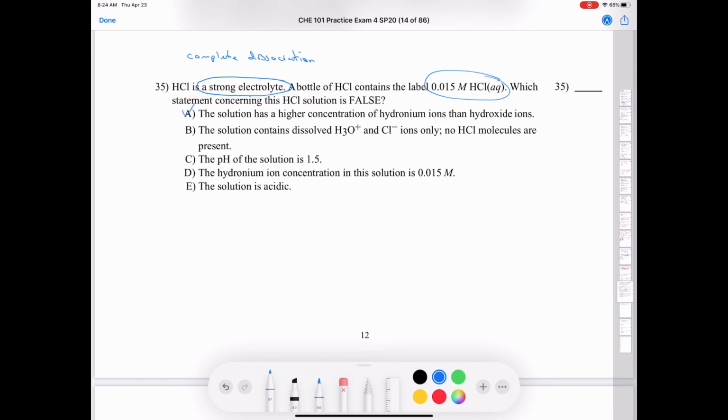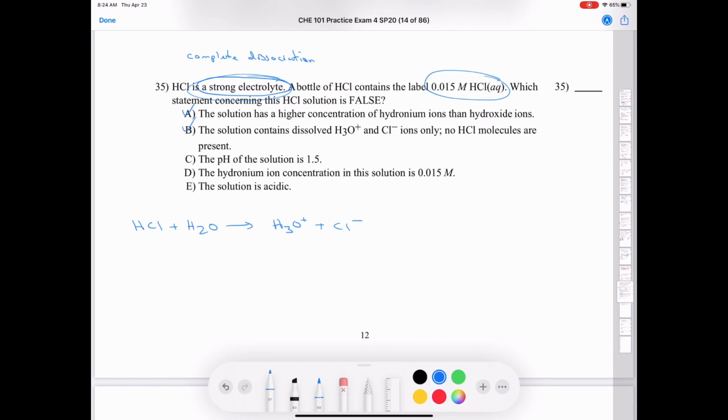The next one says the solution contains dissolved hydronium and chloride ions only. No HCl molecules are present. This is also true because we know that a strong electrolyte is going to completely dissociate. So if I take my HCl and put it in water, it's going to completely dissociate to give me hydronium plus chloride. Therefore, B is a true statement.